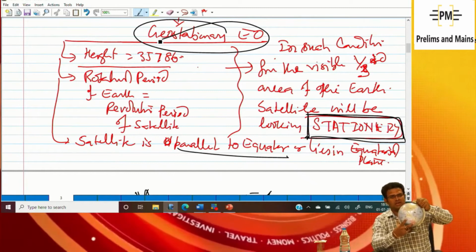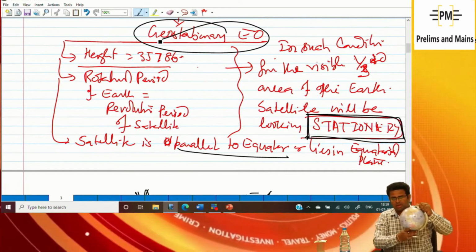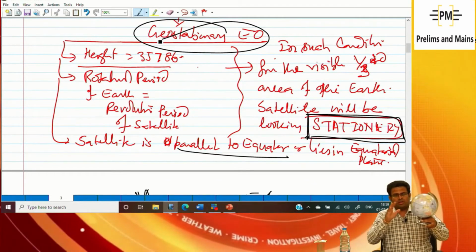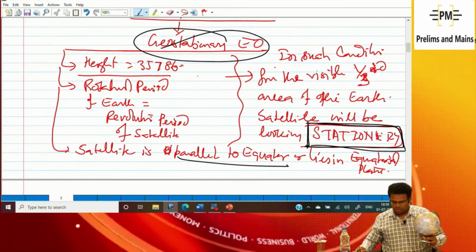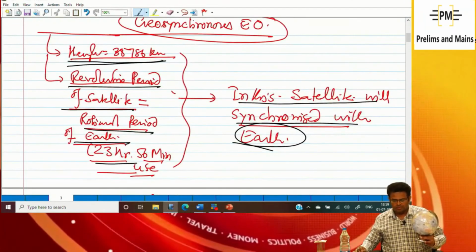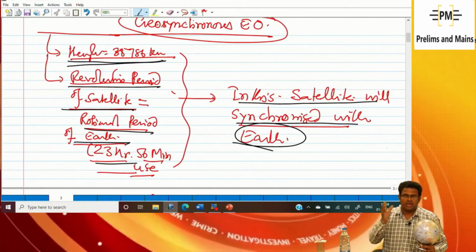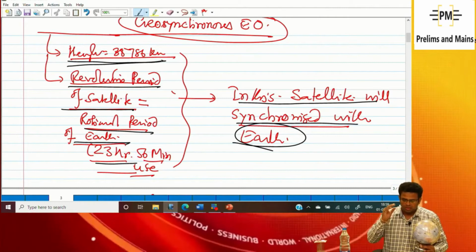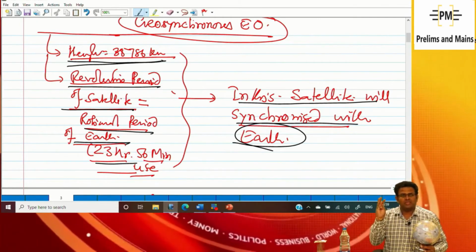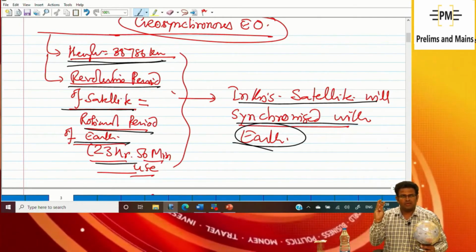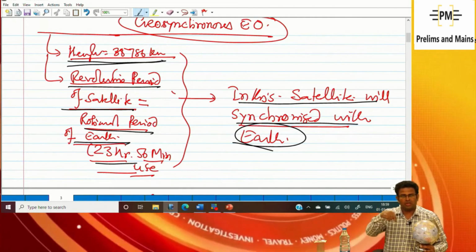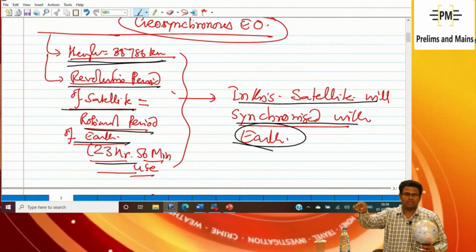But listen carefully and watch carefully for the geosynchronous Earth orbit. What is the important part of geosynchronous? The satellite has to synchronize with the Earth. The requirement for synchronization is a height of 35,786 kilometers, and the rotation of the Earth should be equal to the revolution of the satellite.